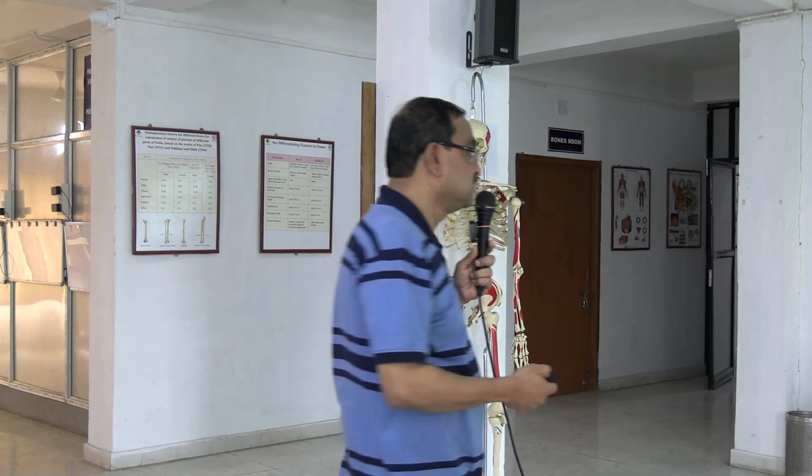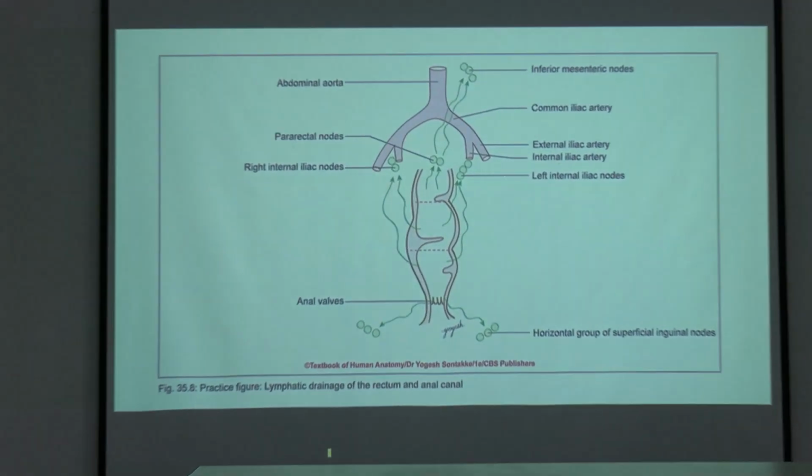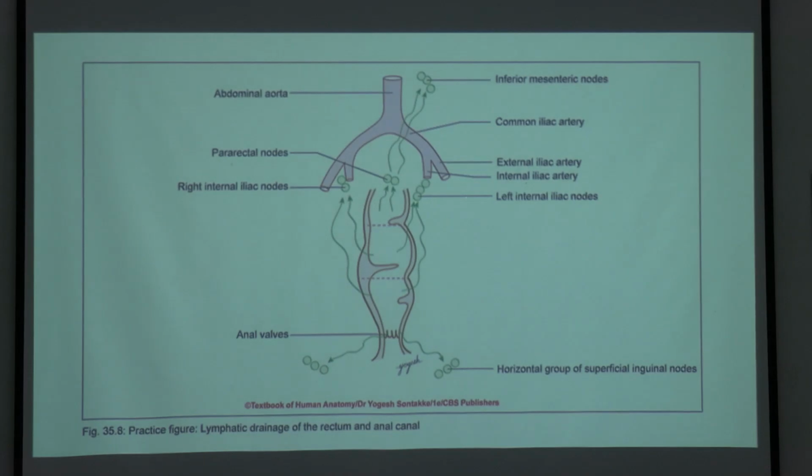So if a patient comes to you, always have a suspicion whether it is coming from the anal canal or not. This is very important. Otherwise, if you miss it, we can actually suffer from CPA, the Consumer Protection Act.